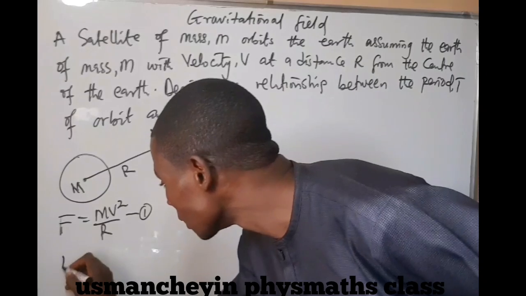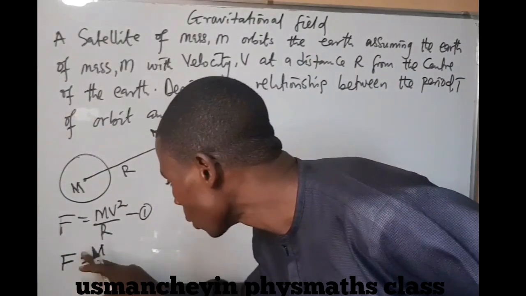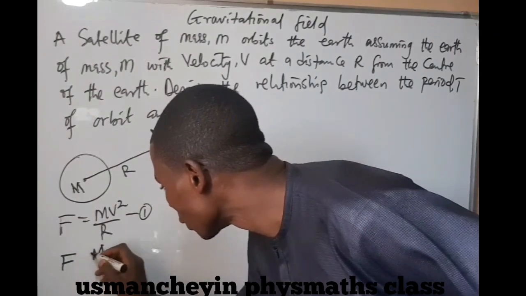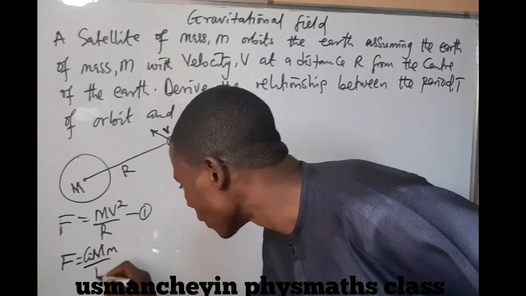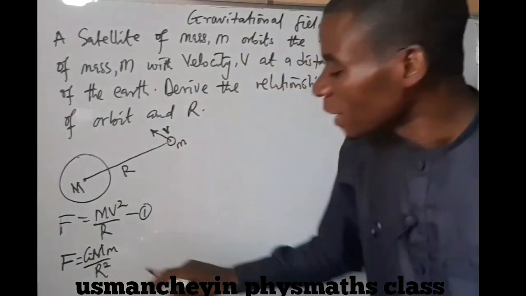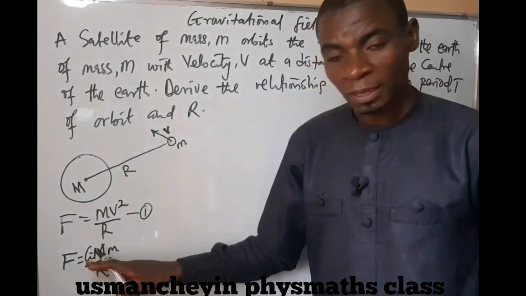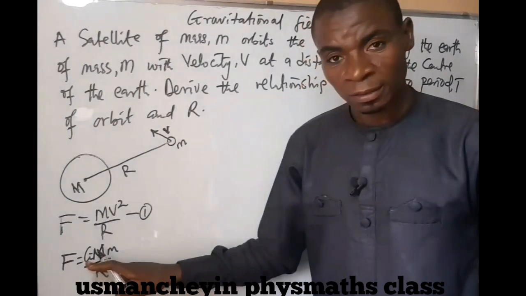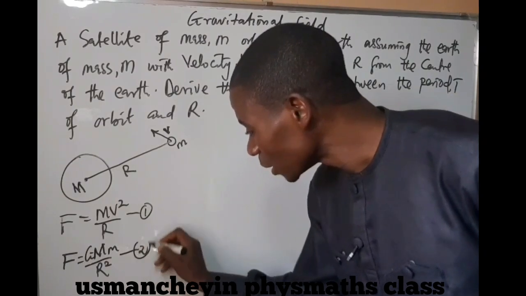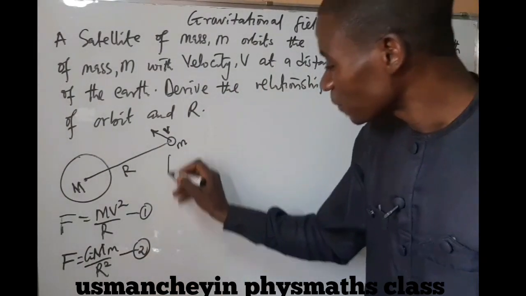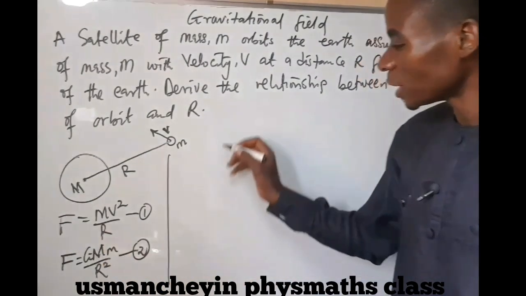So from Newton's law, F is equal to G M m all over r square. Now this G is the universal gravitational constant. All right, so if this is a universal constant, we can also say this should be what? Equation 2.